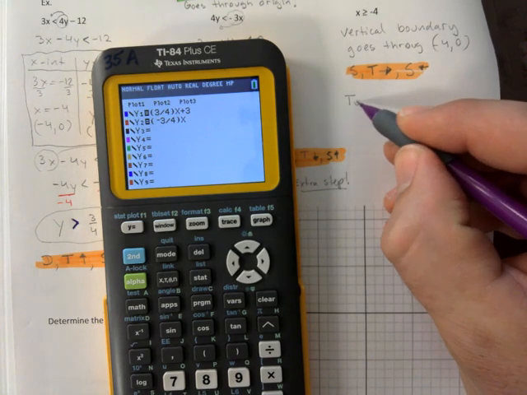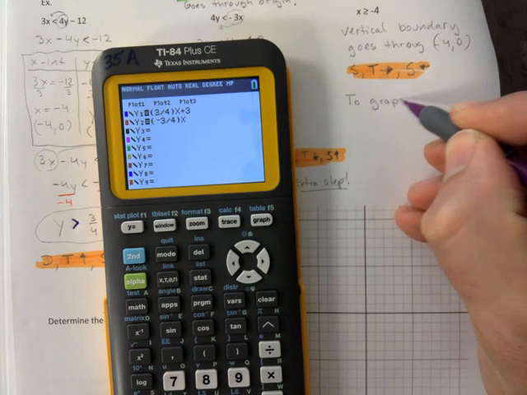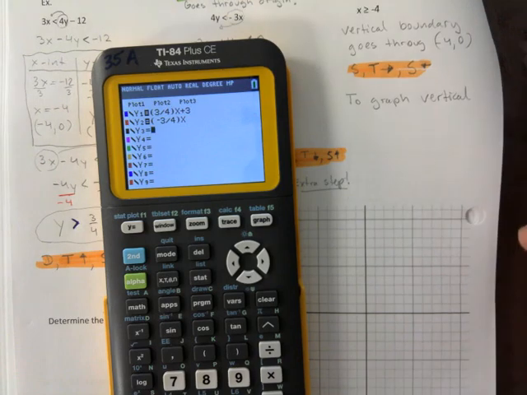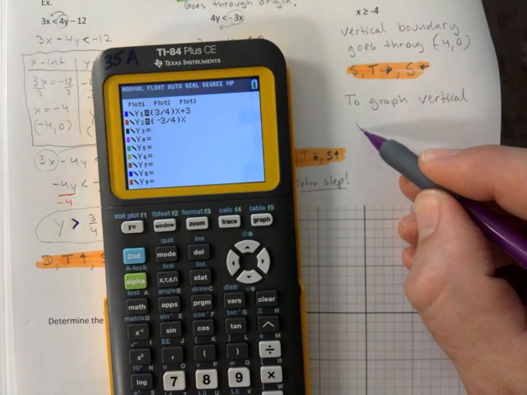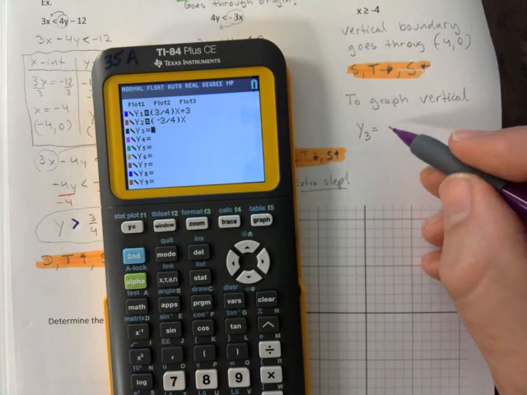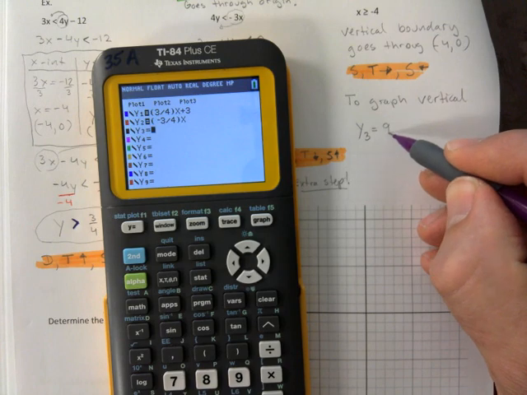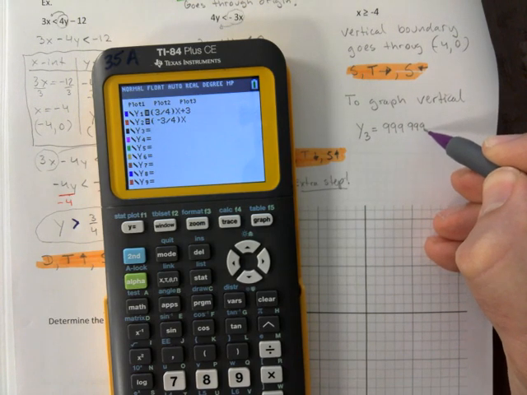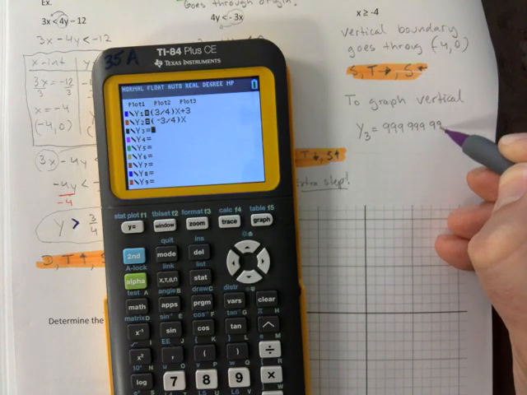To graph vertical, you got to go Y3, and don't ask me why, but you have to put in 9 nines. 1, 2, 3, 1, 2, 3, 1, 2, 3.